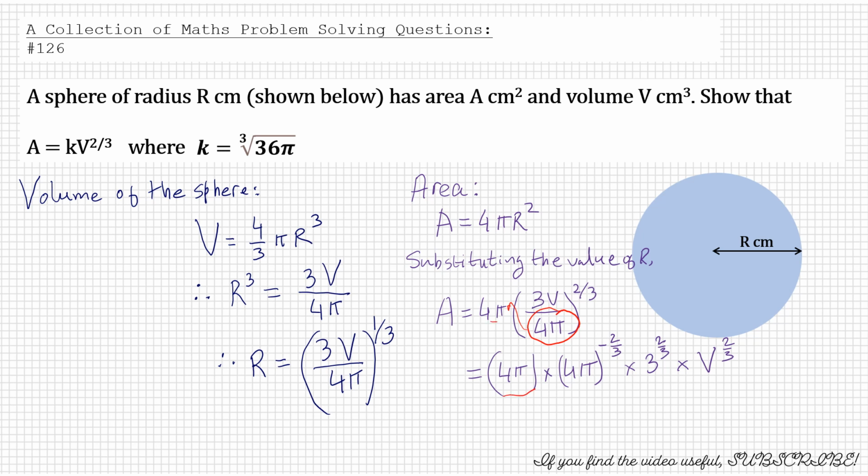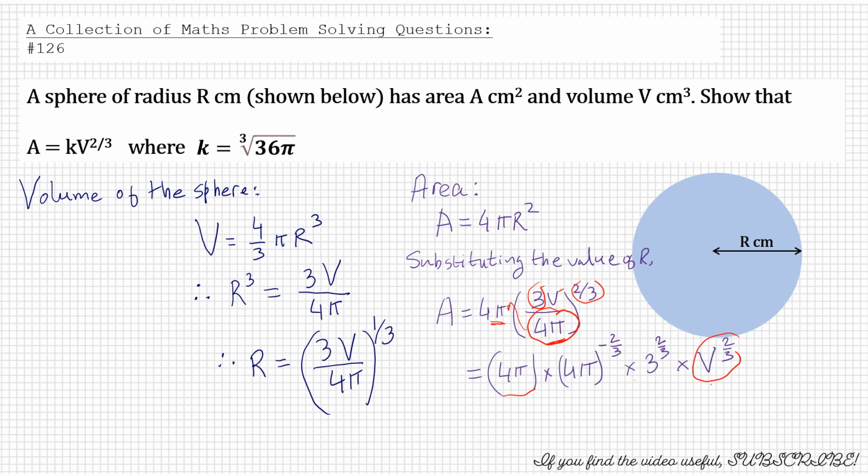So 4 pi, which is this one, multiplied by 4 pi in the denominator, raised to the power minus 2 out of 3, and then multiplied by 3 to the power 2 out of 3, and that is multiplied by v to the power 2 out of 3.